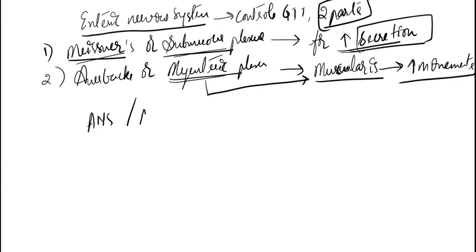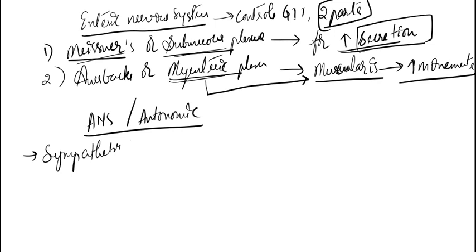Now what about autonomic nervous system control? Yes, there is also an effect of the autonomic nervous system on the GIT. The autonomic nervous system includes the sympathetic, that is fight or flight. So what happens if the sympathetic system activates?